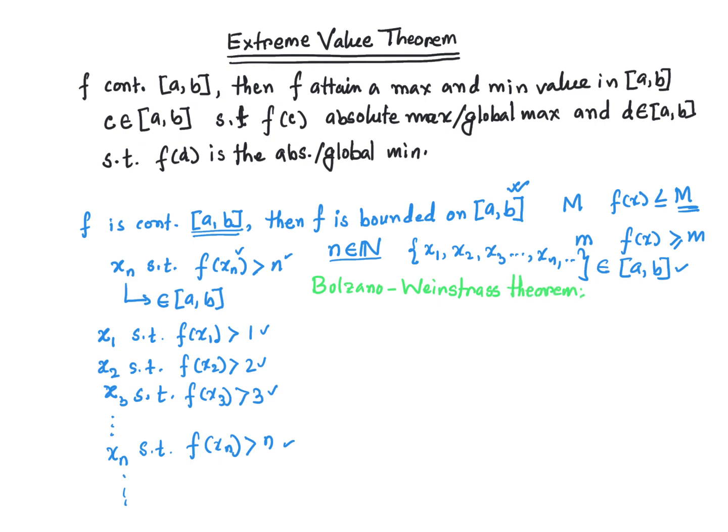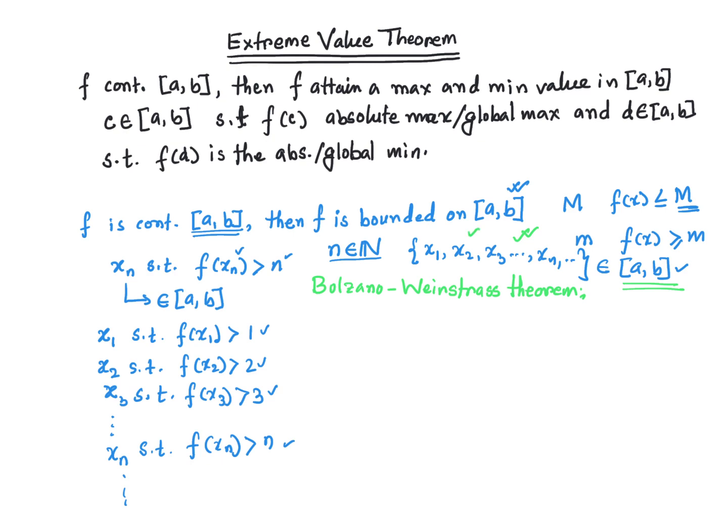What this theorem says is that if you have a bounded sequence of real numbers, coming from this closed interval [a, b], you can always find a subsequence such that it converges.